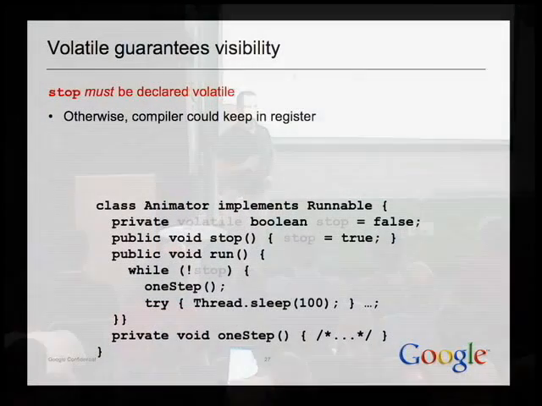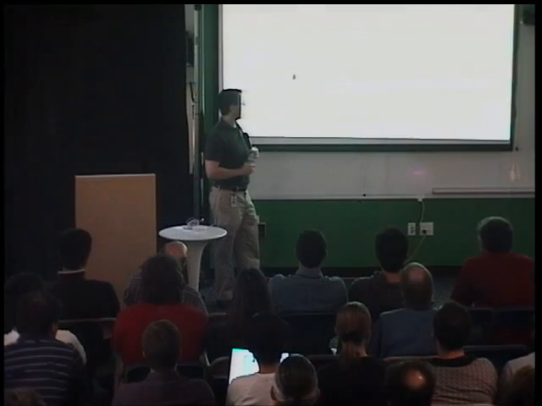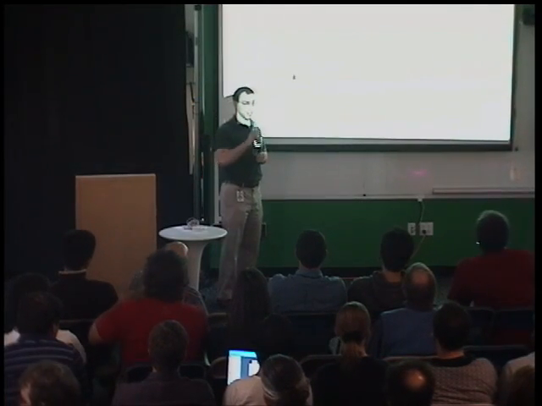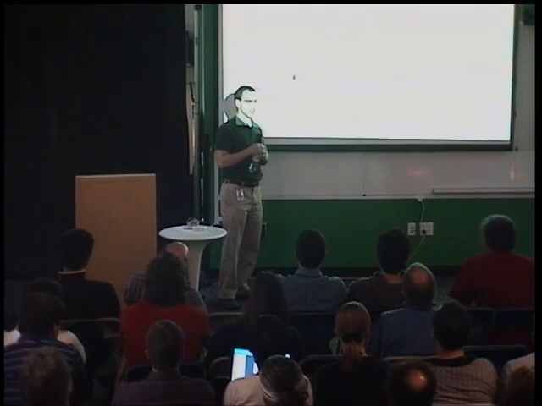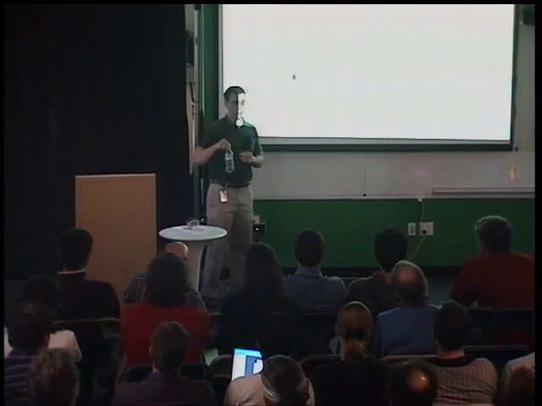Yes? If it wasn't volatile, wouldn't the compiler still know that because stop could be called, it should be updated? So wouldn't it be a good optimization? So the question was, if this was not volatile, wouldn't the compiler still know that stop could be called? The typical compiler transformations are performed on single-threaded code.